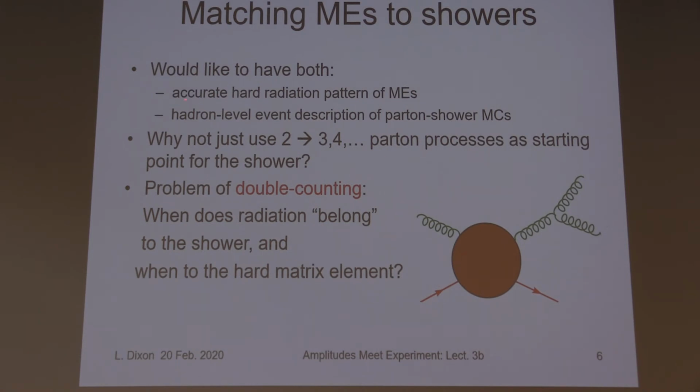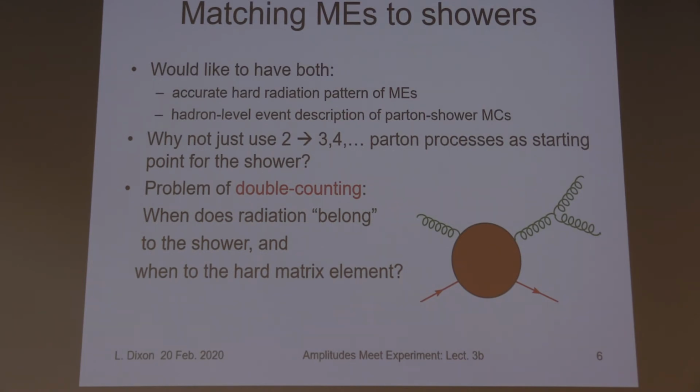So then there's this issue of trying to get the best of both worlds, to have both higher order matrix elements, not just 2 goes to 2, but 2 goes to 3, 2 goes to 4, and so on, at the same time that you have a Monte Carlo.